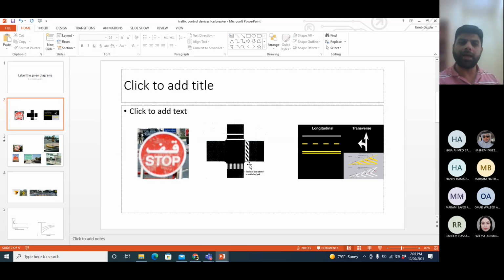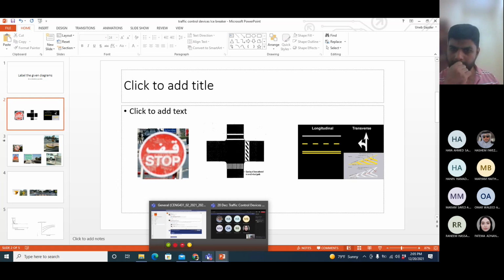Okay, the diagram in the middle, the figure in the middle, what does it show? Yes, this one.